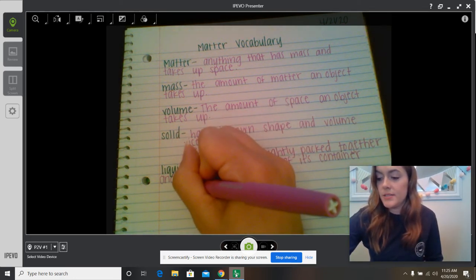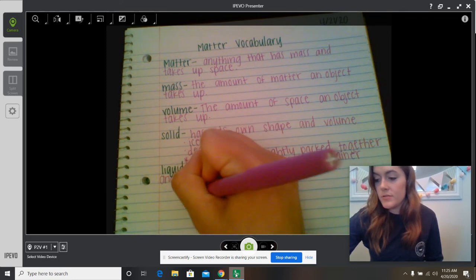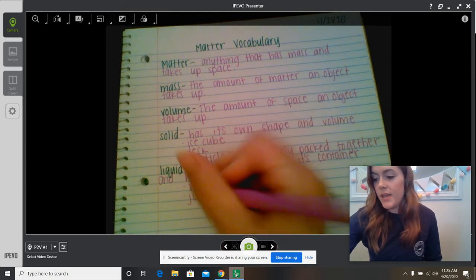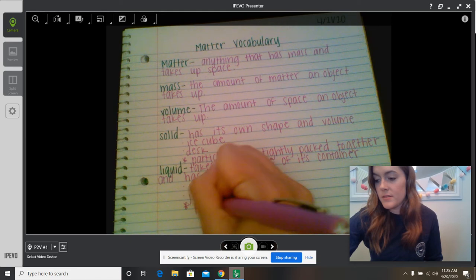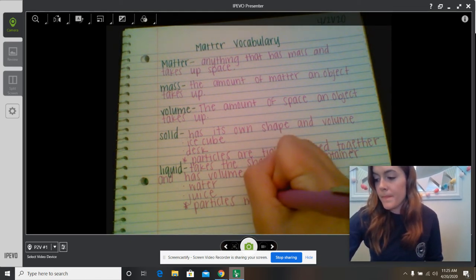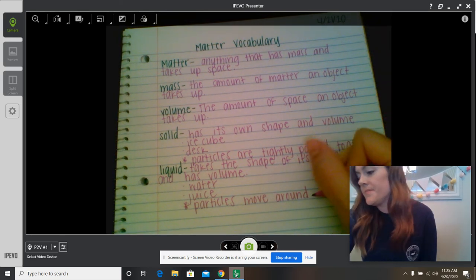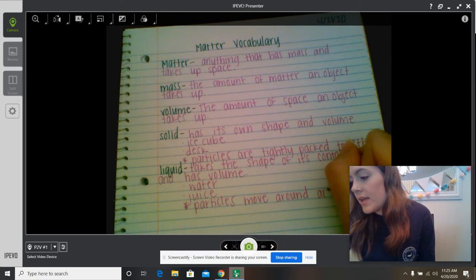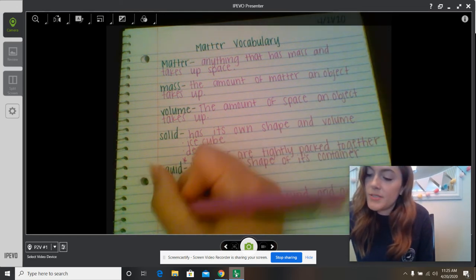I'm going to put water, juice. And then I'm going to put a star here. I'm going to say particles move around and are more spread out.